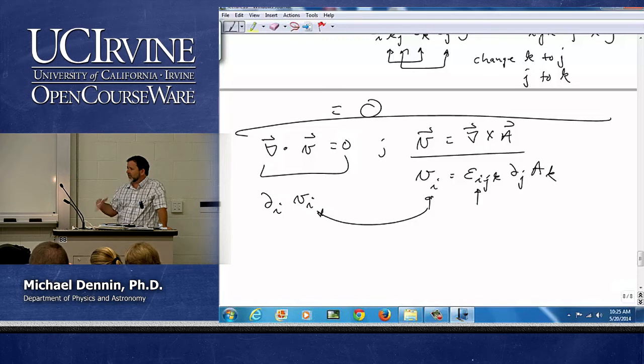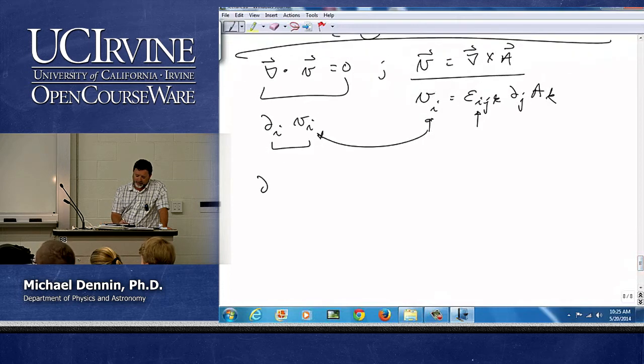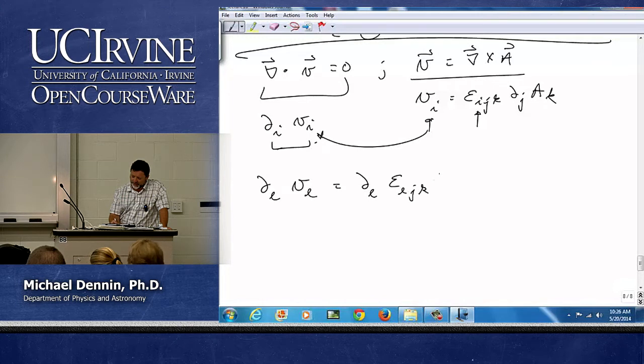I'm looking at the ith component. Once I get it in here, right, so let me just show you how that might work. Let's suppose I had chose to call this d_L v_L. Right, because I can pick any letter I want to be the letter I sum over. Then when I plug in, I have to plug in v_L here, which is epsilon L j k d_j a_k.